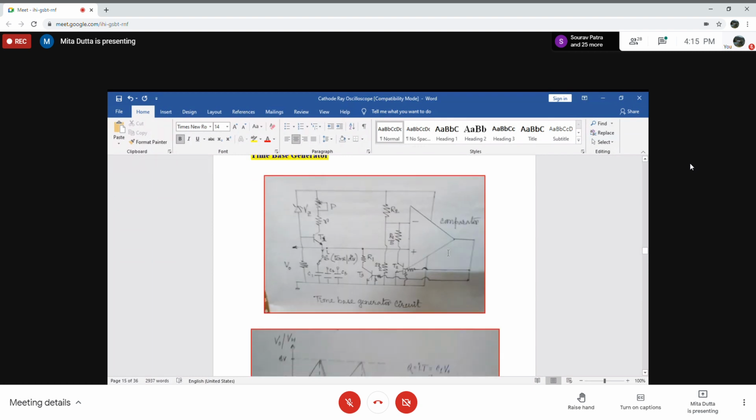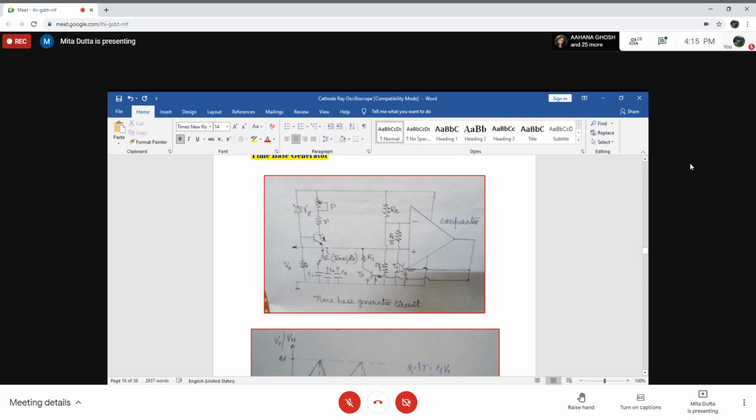then the voltage across the positive input terminal of this comparator, which is the voltage across the capacitor C1, is 0 volt. And the voltage across the negative input terminal of the capacitor, why is it 0?